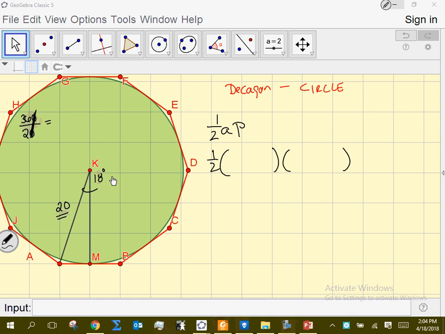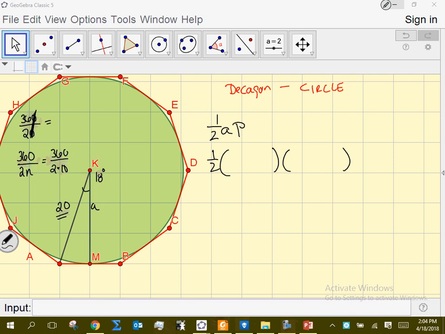Okay. 360 divided by 20 is 18. N is the number of sides, so it becomes 360 divided by 2 times 10. So that gives me the 18 that I need for this angle.